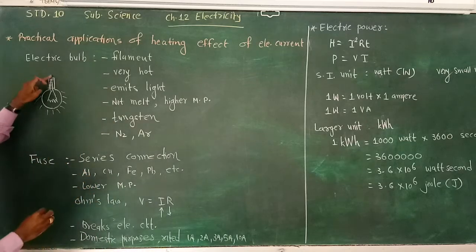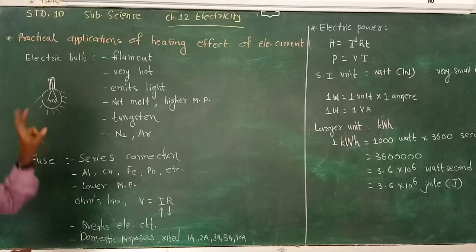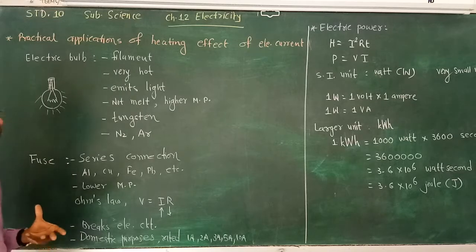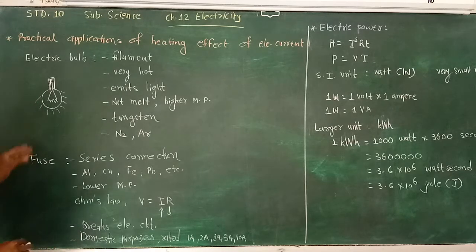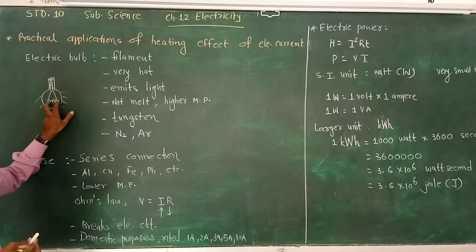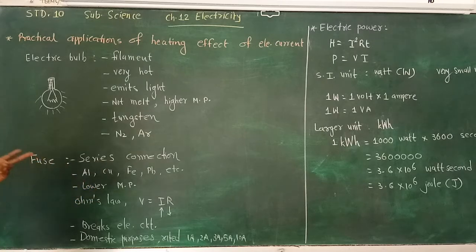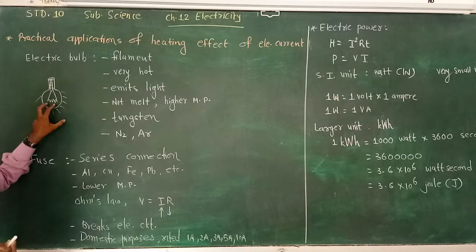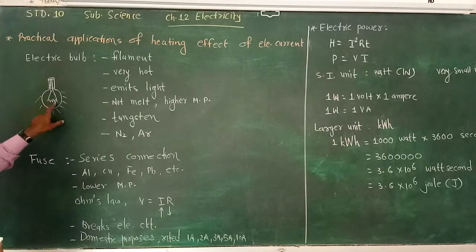When current passes through the filament, it gets very hot and emits light. Even at very high temperature, it does not melt because the melting point of this filament is very high, and it is made from the metal tungsten.